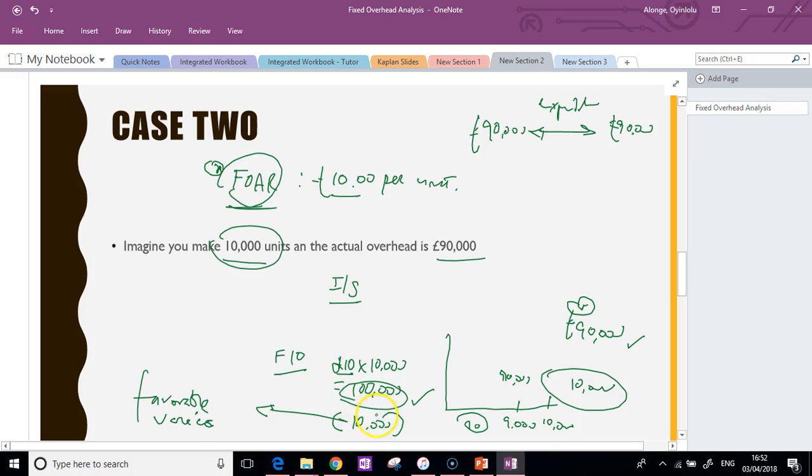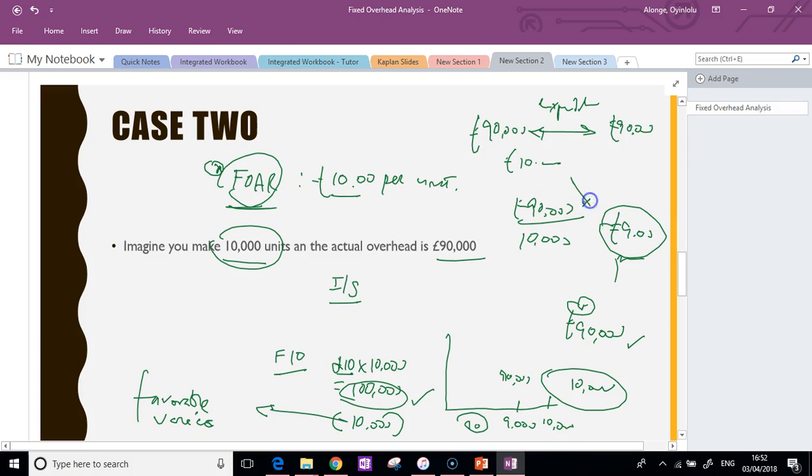Now, if I actually said to you, what is the actual absorption rate? Well, the actual rate is £90,000, which was the actual overhead, divided by 10,000 units. The actual rate was £9 per unit. That's the actual rate. You budgeted £10, and that's what you put in.